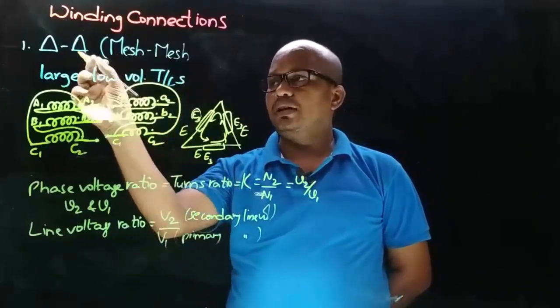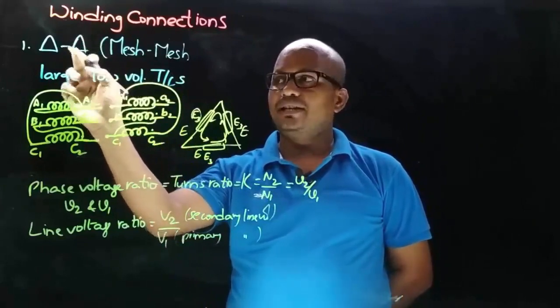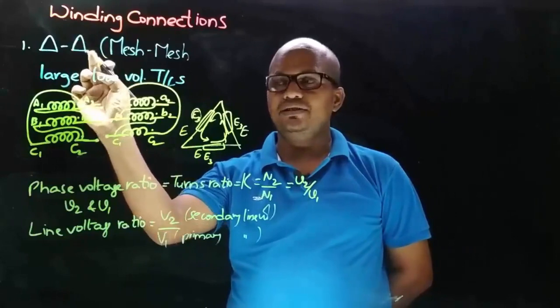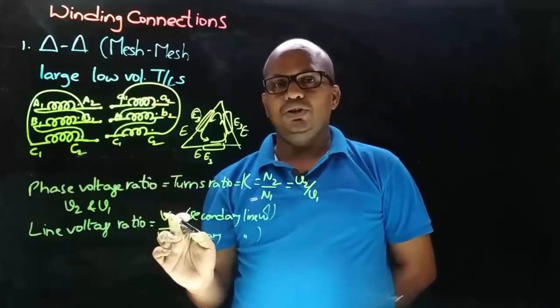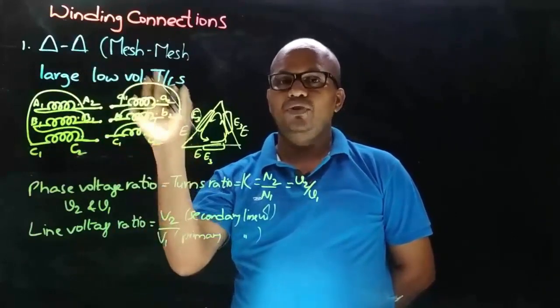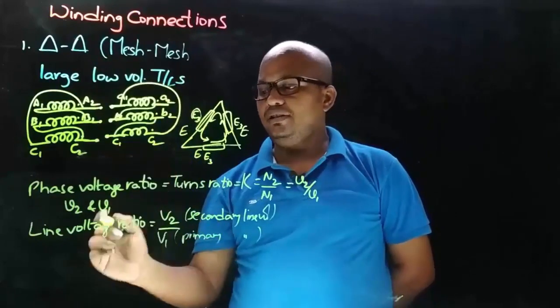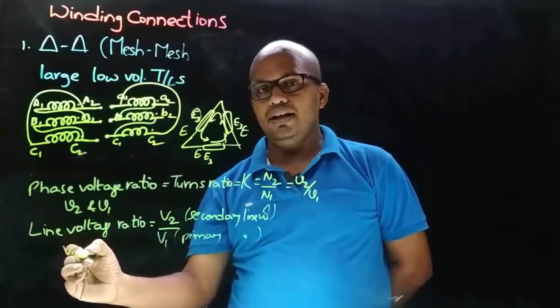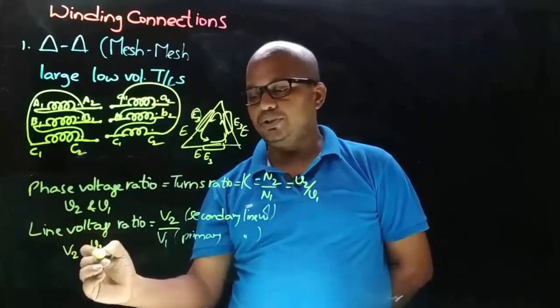Coming to the secondary side, which is a delta connection, the line voltage is equal to phase voltage. On the secondary side we took line voltage as V2 and phase voltage as small v2.